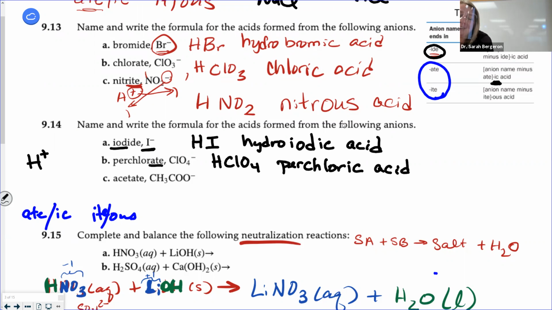Okay, acetate. How many hydrogens do I need to put with acetate to make it neutral? Only 1. Now, acetate, we normally write the hydrogen on the other side of the molecule, but I really don't care.